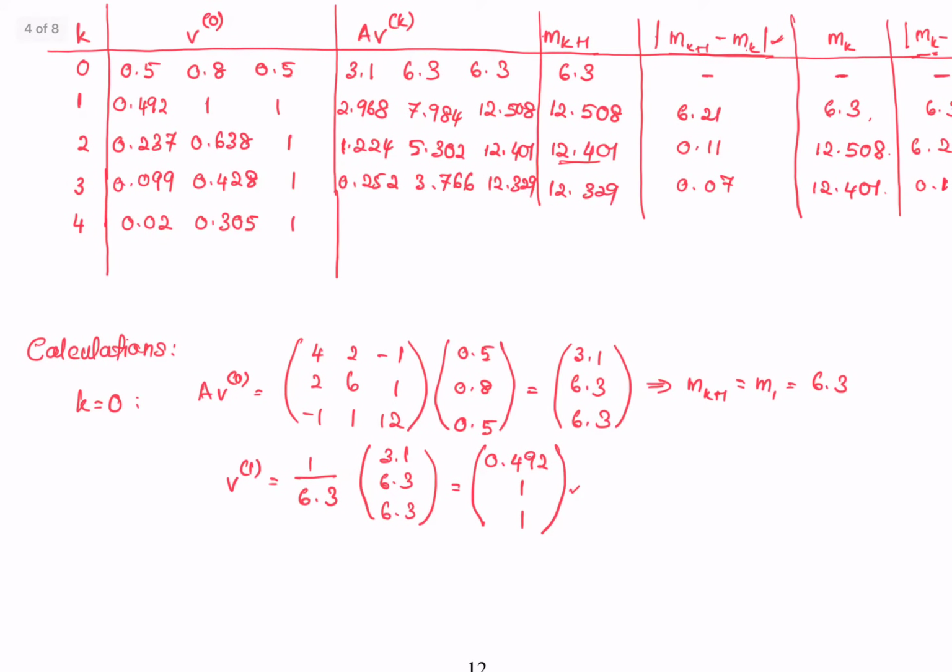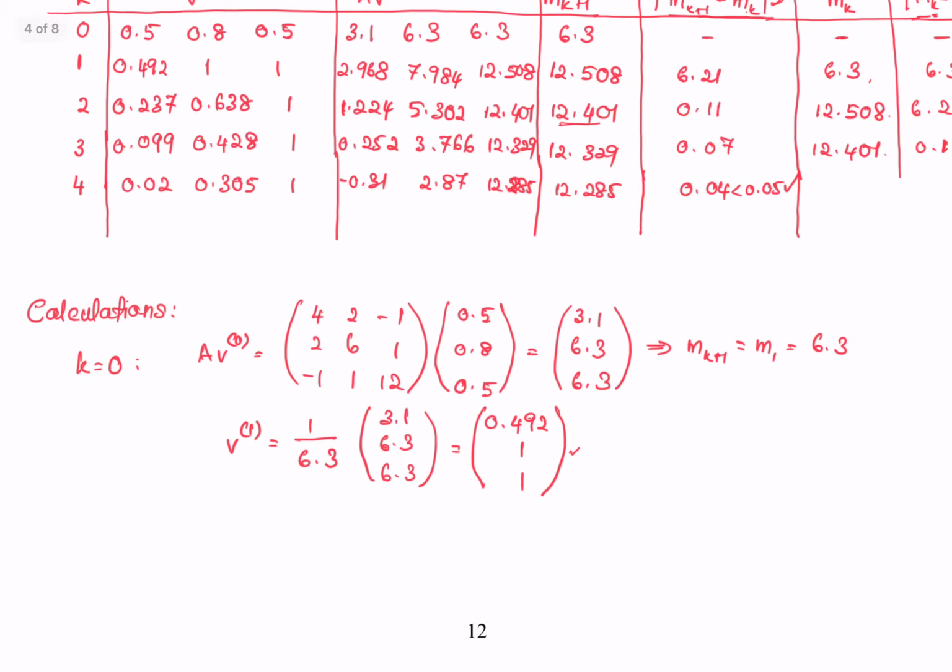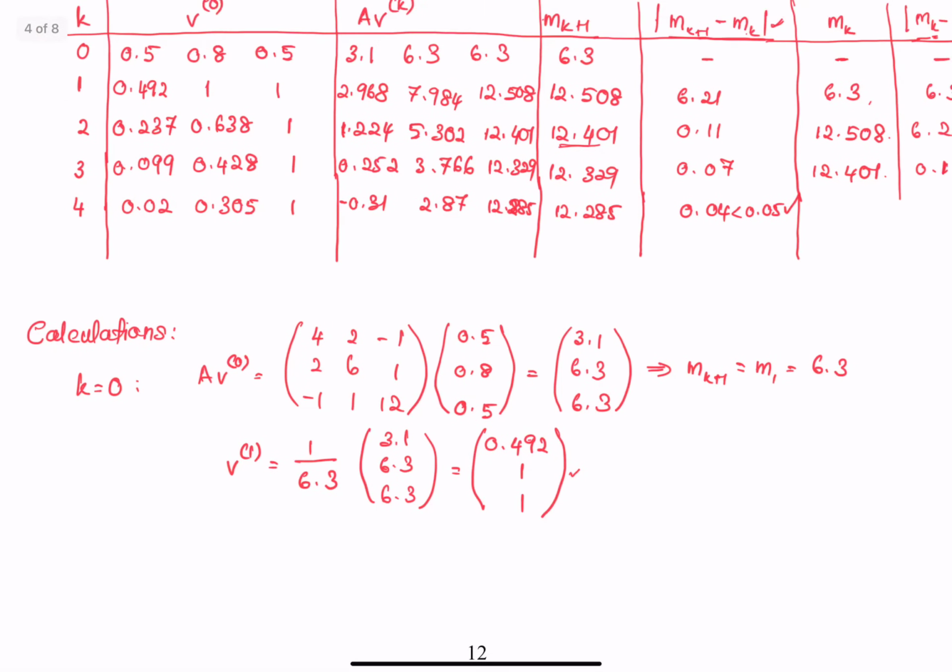So AV4, what you will get is negative 0.31, 2.87, 12.285, and the dominant eigenvalue is 12.285. And then for this stopping criterion column, you will get 0.04, which is less than 0.05. We need to stop, because we know that our eigenvalue here is M5.